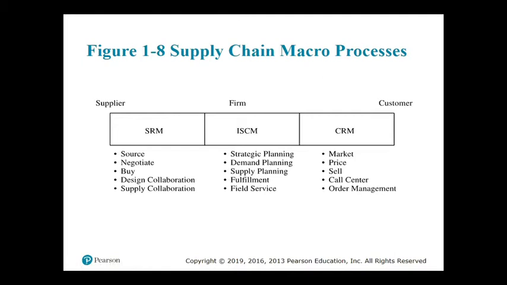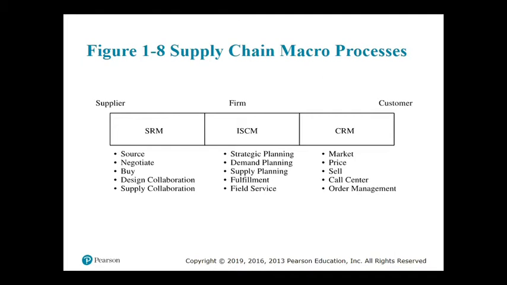So in many firms, we'll have the marketing department in charge of the customer relationship management module, and manufacturing handling the internal supply chain management, and then the purchasing department will oversee the supplier relationship management part.